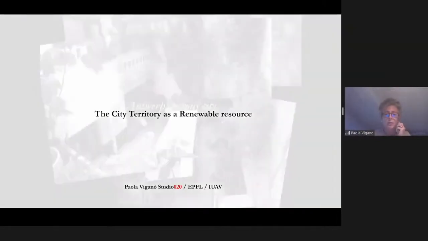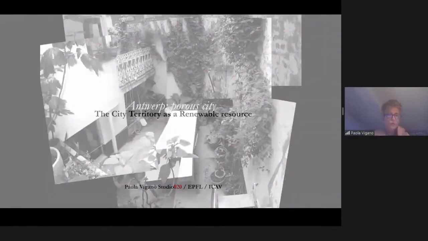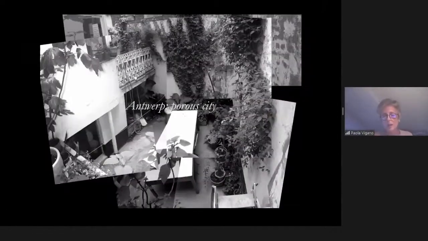The city territory as a renewable resource has been a hypothesis on which I've been working for many years now, maybe 10, 15 years, that started with certain metaphorical elements, using metaphors in order to address certain things that seem to be very complicated and difficult to get.